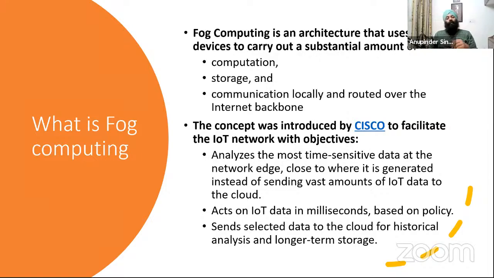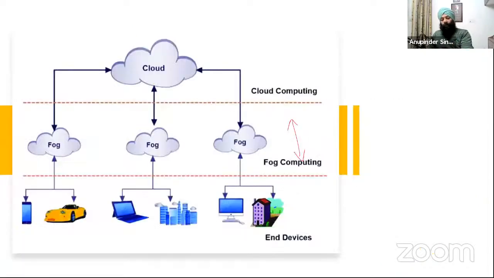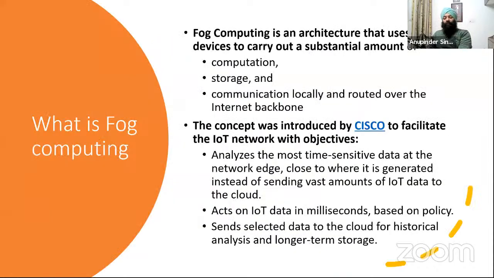Why? Because we are expecting billions of devices to be connecting through this endpoint, right? These are only example representations of such devices. There are billions of devices we're expecting, and if those billions of devices start sending data towards a cloud for processing, that becomes a very tedious job.